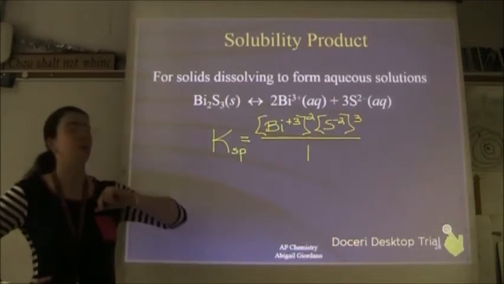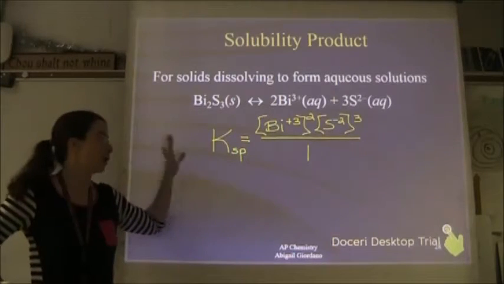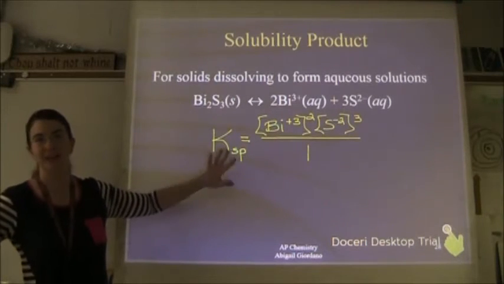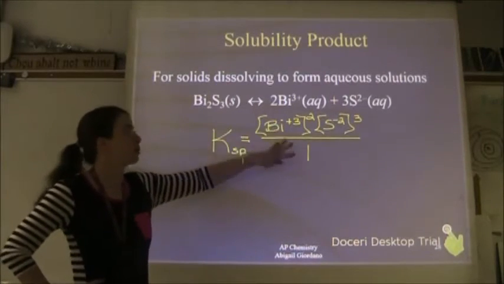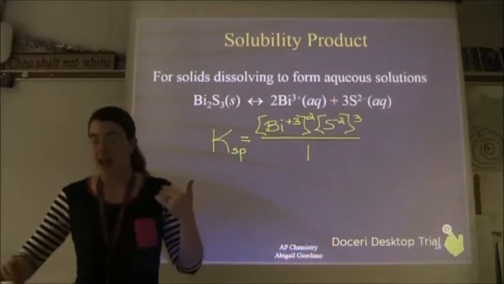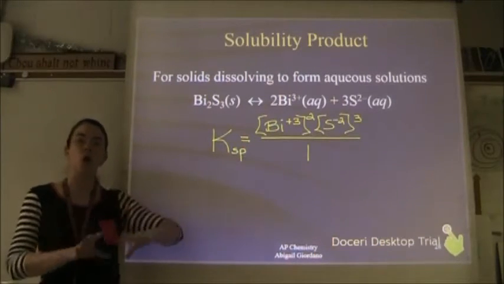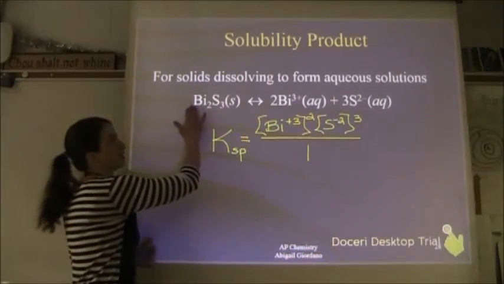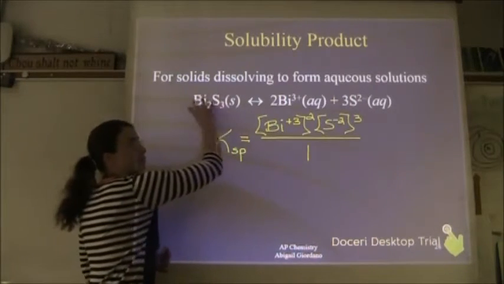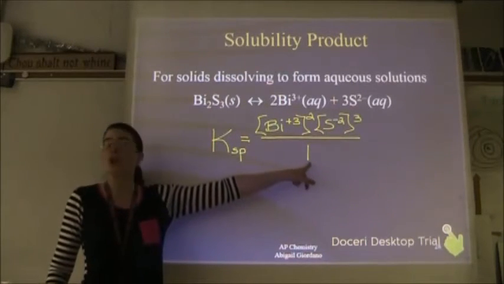At the beginning of the year, we had Kc, Kp. This is our last final type of equilibrium constant, but it's still just products over reactants. And since a KSP is always written for some reaction of a solid breaking down into its ions, the denominator will always be 1.